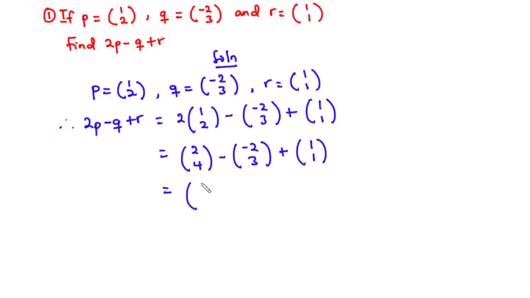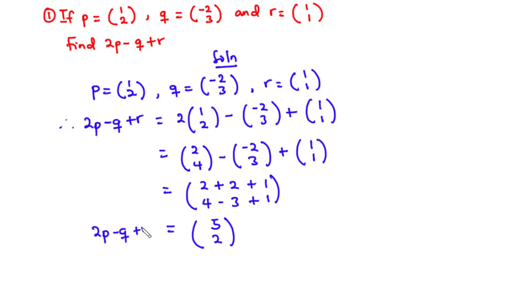So that is 2, negative 1 times negative 2 is positive 2, and then plus 1. Also for the y components, we have 4, negative 1 times 3 is negative 3, and then plus 1. So this is equal to 2 plus 2 plus 1 is 5. And then 4 minus 3 is 1, 1 plus 1 is 2. So the vector 2P minus Q plus R is equal to (5, 2).